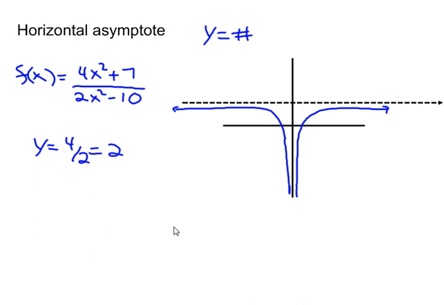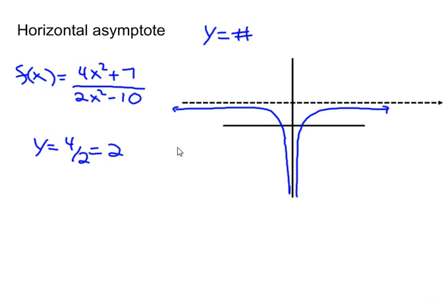Horizontal asymptotes. My dotted line here is an example of a horizontal asymptote. This is where the graph approaches but doesn't quite touch the line. We describe horizontal asymptotes as y equals whatever number that it crosses the y-axis.